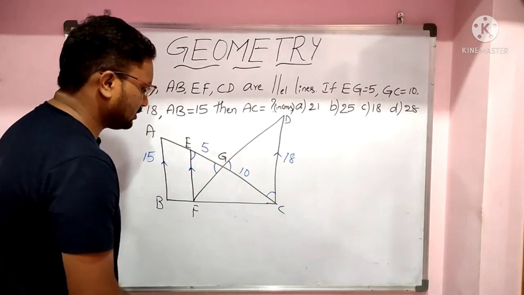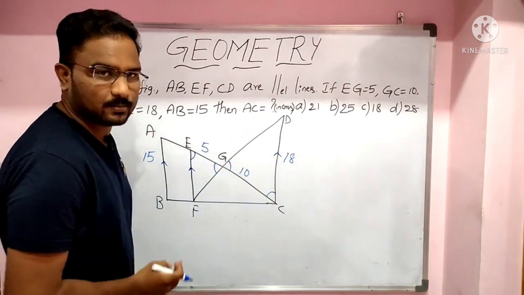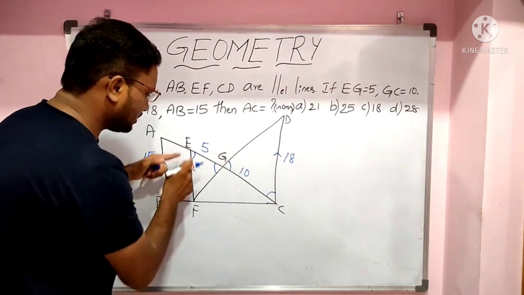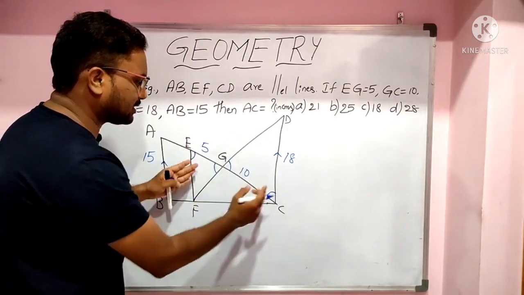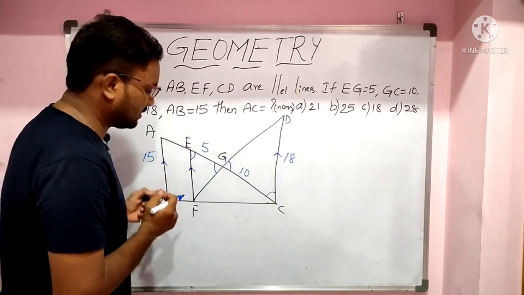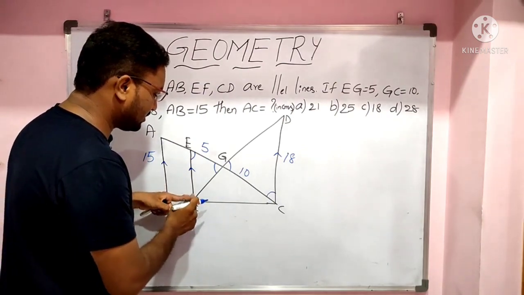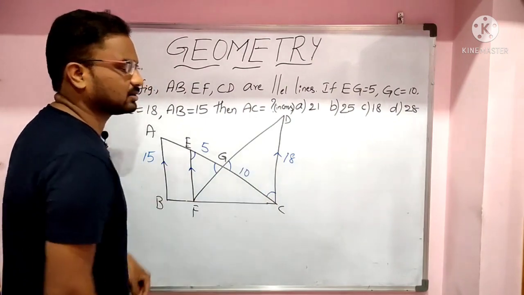Why? Here EF and CD are parallel lines, and EC is the transversal. If two parallel lines are cut by a transversal, the alternate interior angles are always equal. So alternate interior means angle E and angle C. These are Z-shape angles.